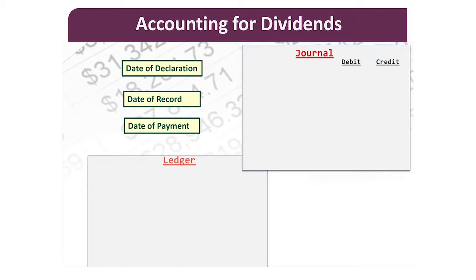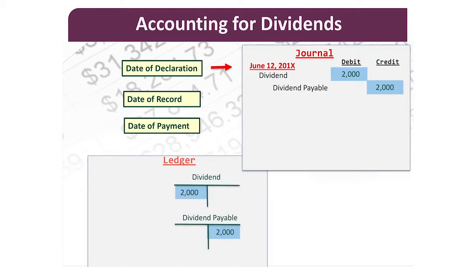On the June 12th declaration date, the corporation has entered into a liability to pay a dividend and must record the liability with a credit to the dividend payable account and a debit to the dividend account. The transaction is posted to the ledger. As you can see, we have a liability to pay a $2,000 dividend in the dividend payable account.